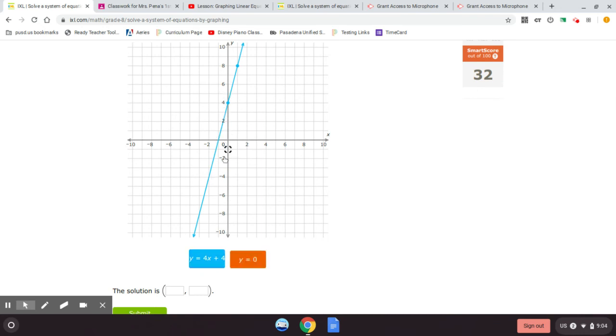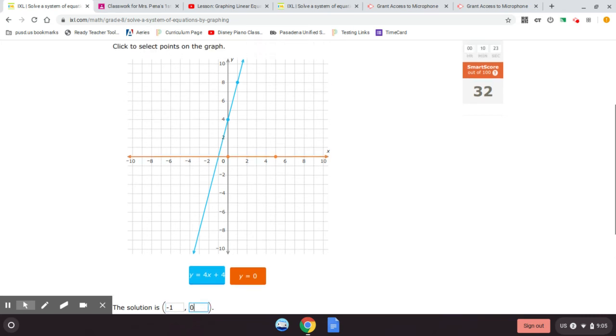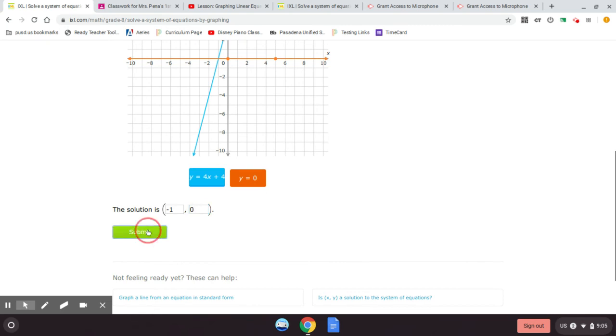I go on the y-axis where y equals 0, and I make a horizontal line. Okay. I can see that there's one solution because they cross once, and the solution is this ordered pair. So I went over 1 to the left, so that's a -1, and I didn't go up or down at all, so that would be 0. So the solution is (-1, 0). Okay.